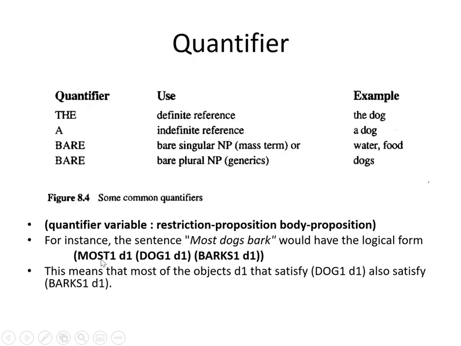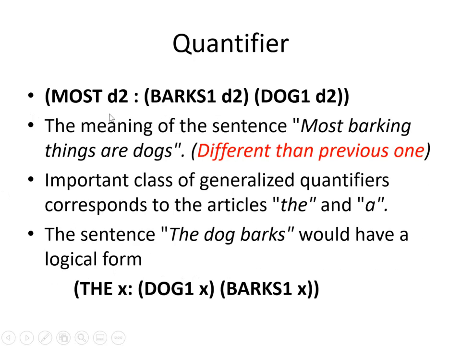Most will be attached to it. This means that most of the objects D1 that satisfy dog1 D1 also satisfy barks1 D1. This represents most dogs bark. So you must have understood how the logical form language represents this sentence.